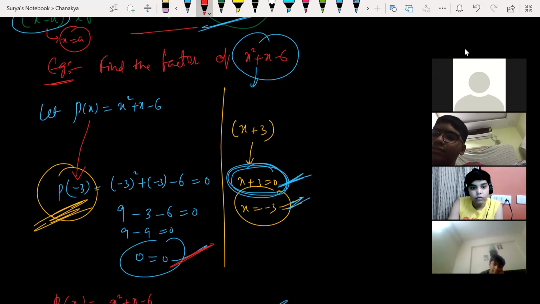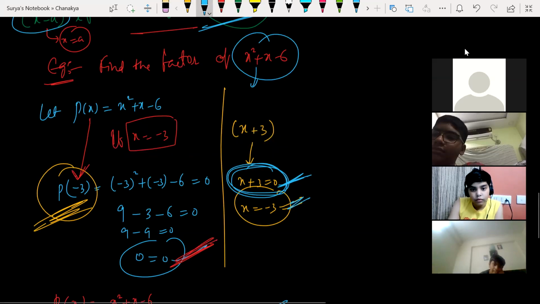Now here x is equal to minus 3, right? If x is equal to minus 3, what do we substitute here? Minus 3, right? I'm getting 0 is equal to 0.